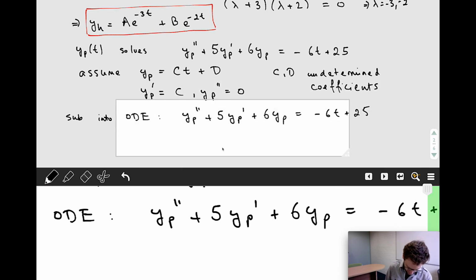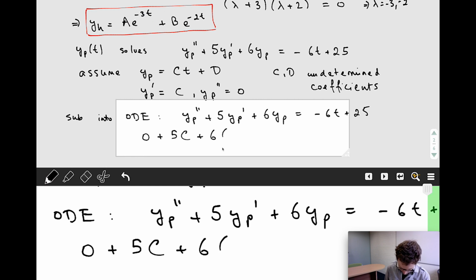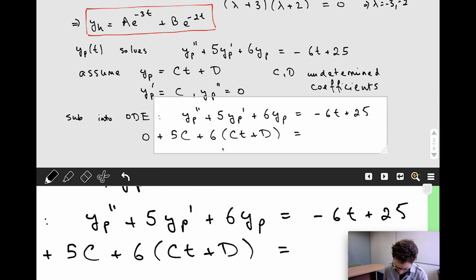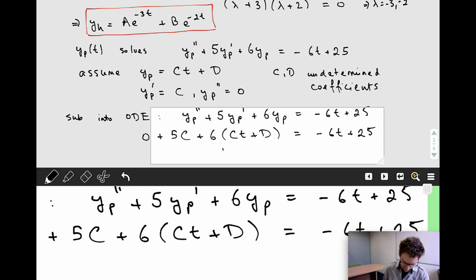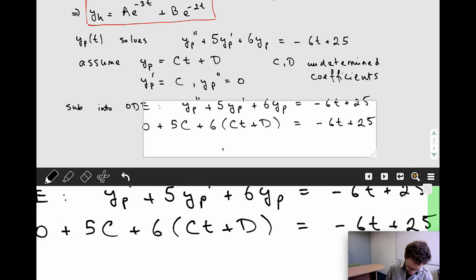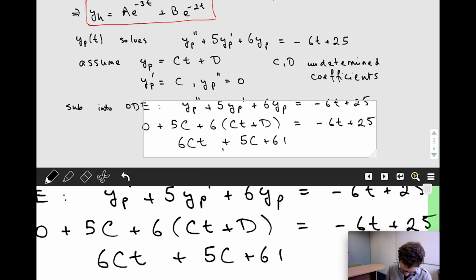We found that yp double prime was 0, yp prime was equal to c, and yp we saw was c times t plus d. And we're saying that that has to be equal to minus 6t plus 25. Let's tidy things up. I've got 6ct plus 5c plus 6d.